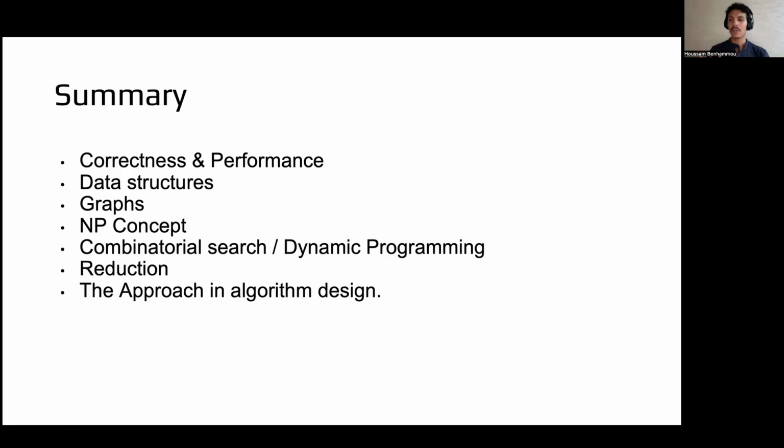And then we're going to discuss NP problems and the NP concept itself. And from there, we're going to understand how to resolve an NP problem, through combinatorial search or dynamic programming, for example. Then we're going to talk about reduction and its link with the NP concept. And at the end, we're just going to give an approach on how to design algorithms based on what we discussed.